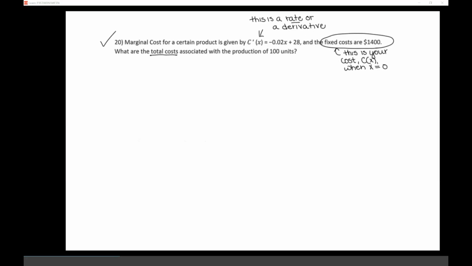What operation in this course? I realize there's a whole other accounting procedure that doesn't involve calculus. But what operation here will give you total cost? Keyword: total. What operation are we going to do, folks?